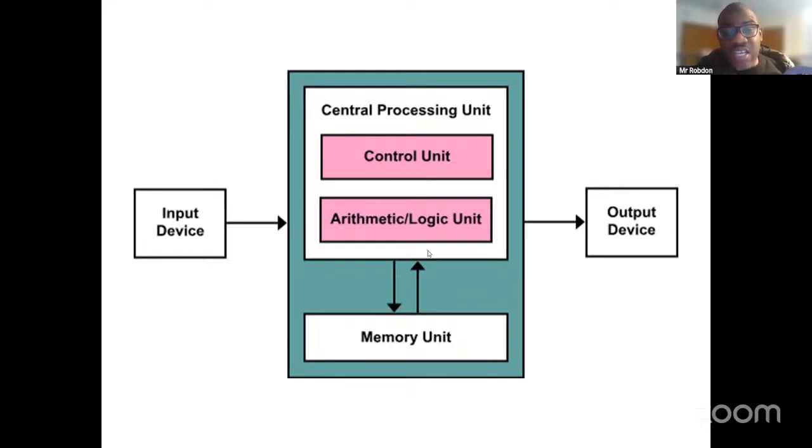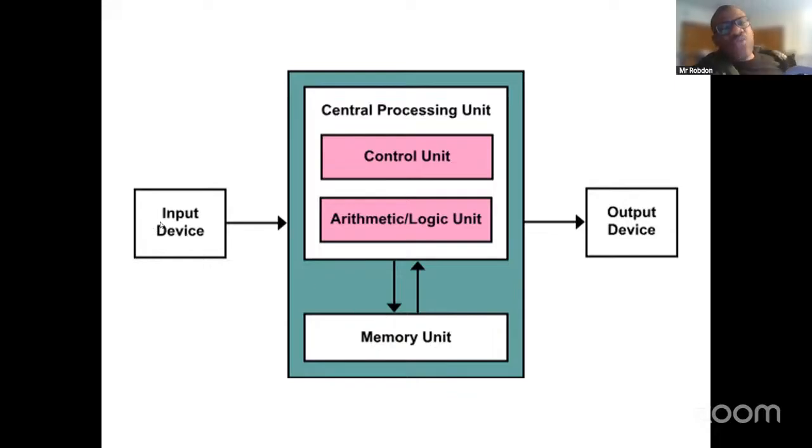Everything that needs to be processed needs to first be held in memory. Nothing stays in the central processing unit forever. As soon as that instruction is fetched, it is decoded, it is executed, then it is returned back to memory. That's what this means.